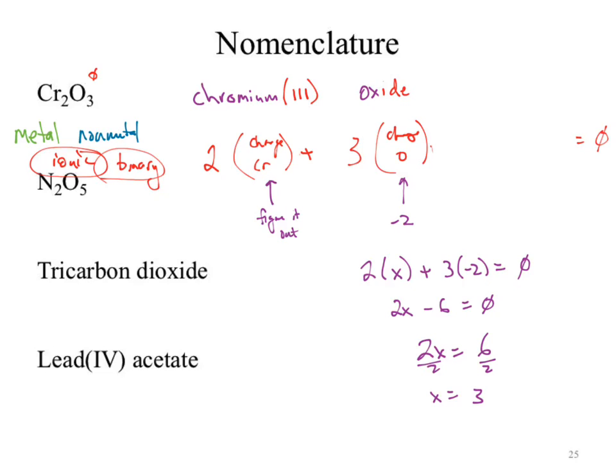Why isn't the charge next to the oxide, if the charge is next to the chromium? Good question. Why did I not write chromium-3 oxide 2, right? Because the -ide tells us that it's part of the name. It tells us that it is charged.